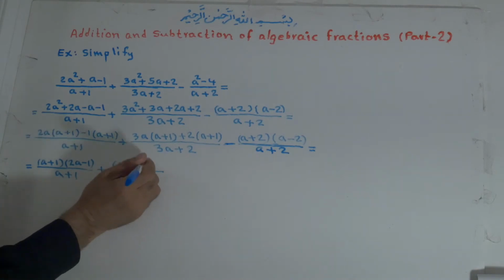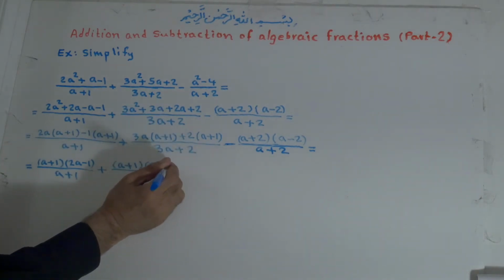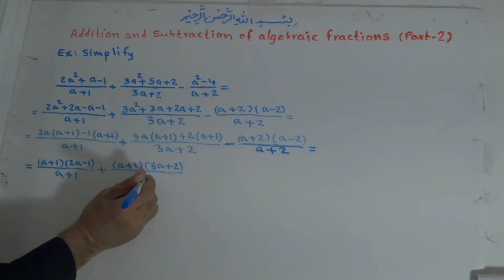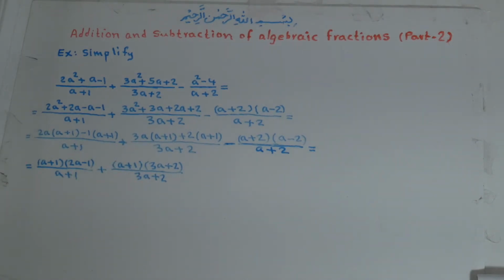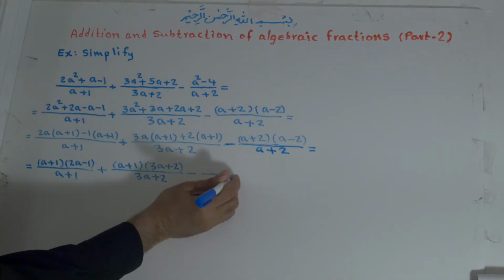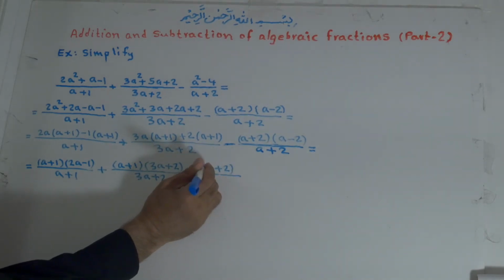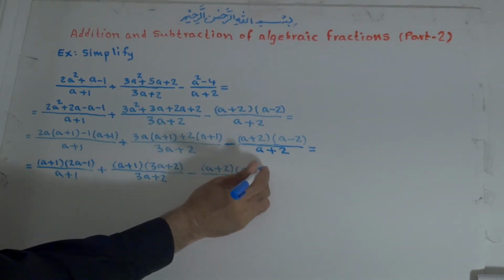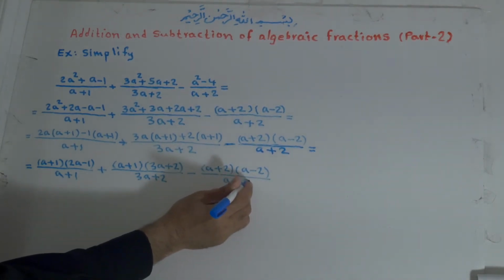So what's remaining? 3a, and here plus 2, over 3a plus 2. Minus (a + 2)(a − 2) over a plus 2.